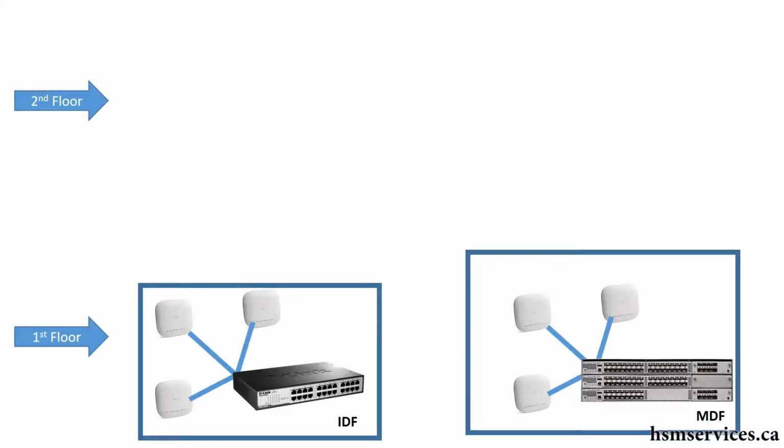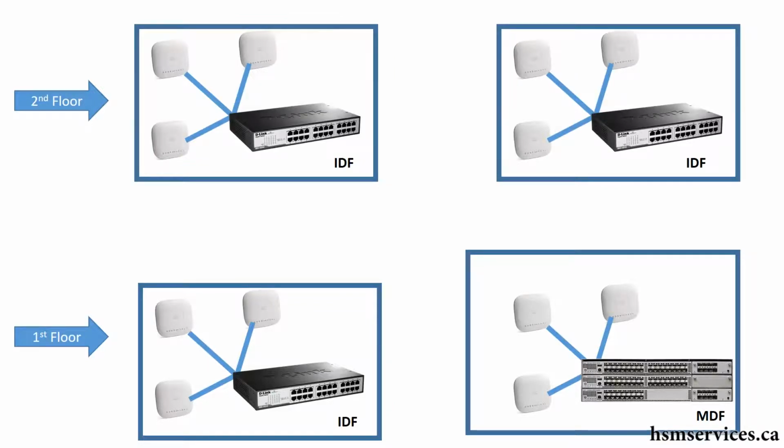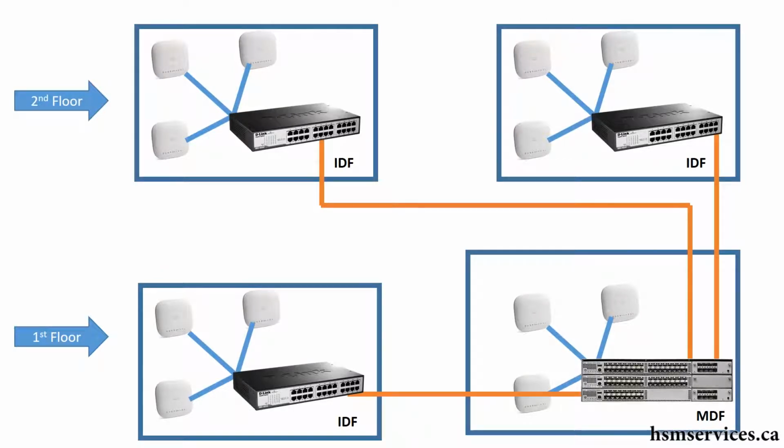It's got a whole bunch of switches on our first floor, and on our second floor we've got a bunch of IDFs, and each IDF has a switch and it has access points connected to it, and we just trunk all these IDFs back to our main room. You can see in our main room we've installed a much bigger switch to handle all the traffic from our IDFs.